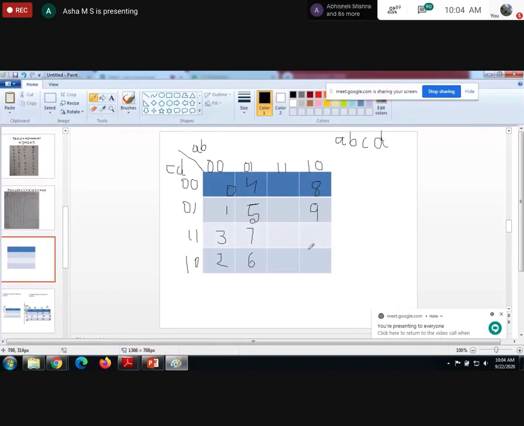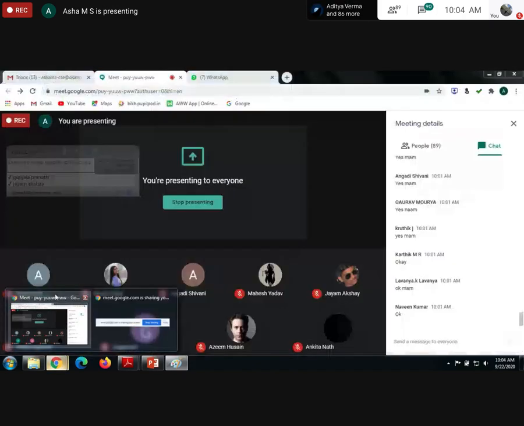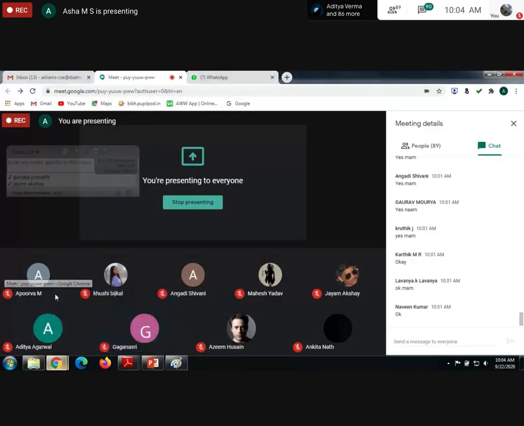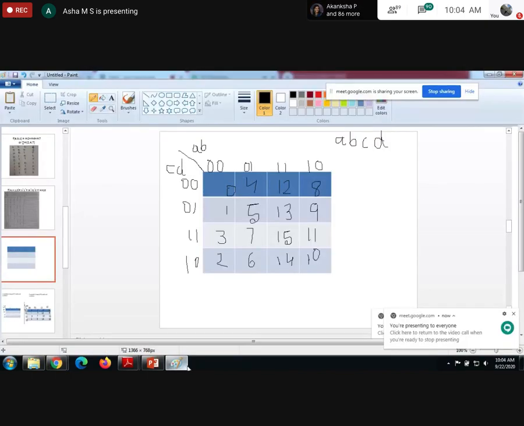This is 9. This is 10. This is 11. This cell is 12. This cell is 13. This cell is 14. This cell is 15. Is it clear? Those who have written horizontally, it's also correct. But when you minimize, you will get different terms. That's all.